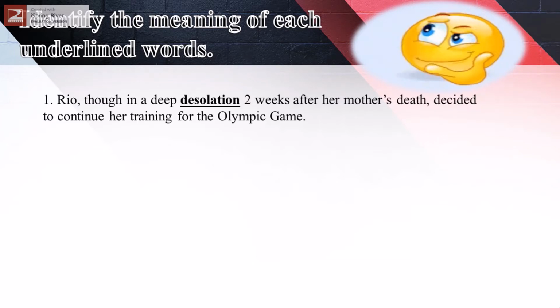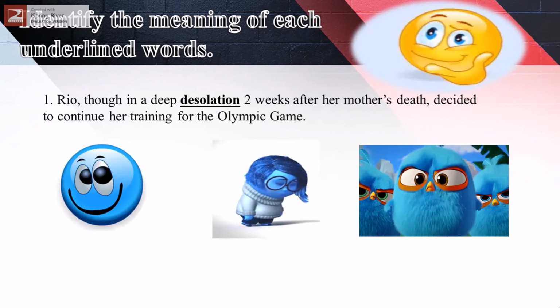Rio, though in a deep desolation 2 weeks after her mother's death, decided to continue her training for the Olympic Games. What do you think Rio would feel after her mother's death? What do you think is the meaning of the word desolation? Do you already have an idea? Okay, I have here several images.